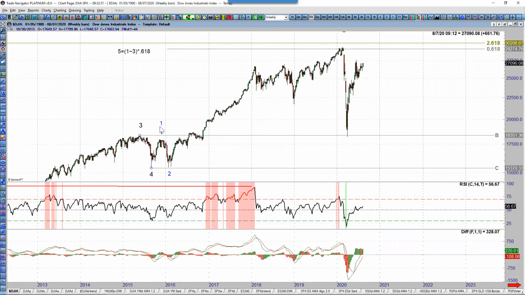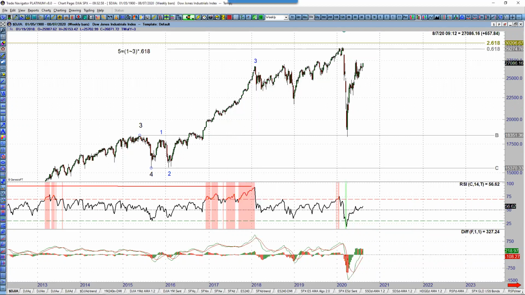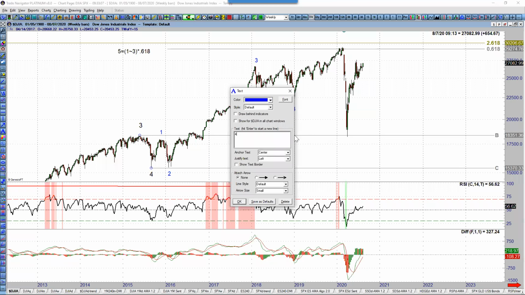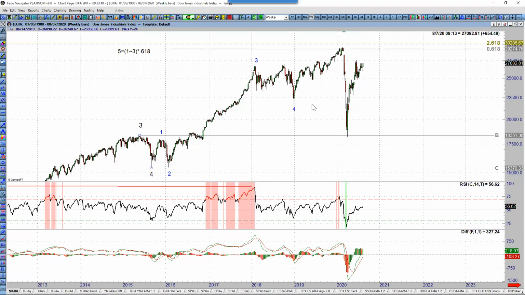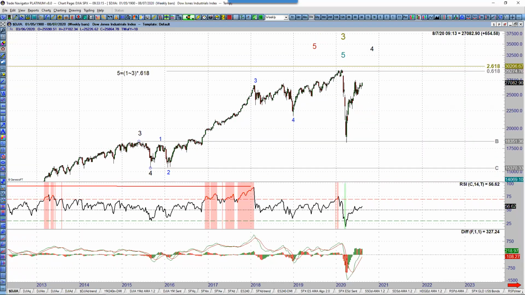Pretty obvious end of wave 3 there in the first quarter of 2018. And then we start getting into some of the nitty-gritty of what's going on. Now that looks like a pretty standard expanded flat for wave 4. The only problem with calling the February top a really large degree top is, in my opinion, the subdivisions on the way up on this wave here.